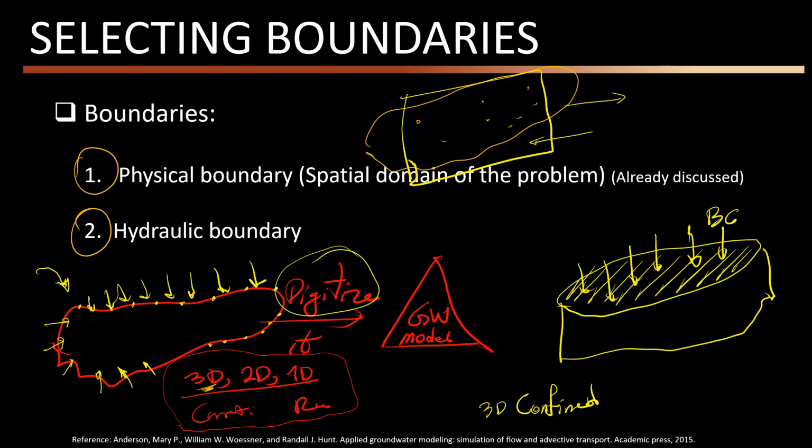I need to think about the boundary condition here, and also if there is another aquifer below, this is another boundary condition. And what is going on at the sides are different boundary conditions. These are the hydraulic boundary conditions.